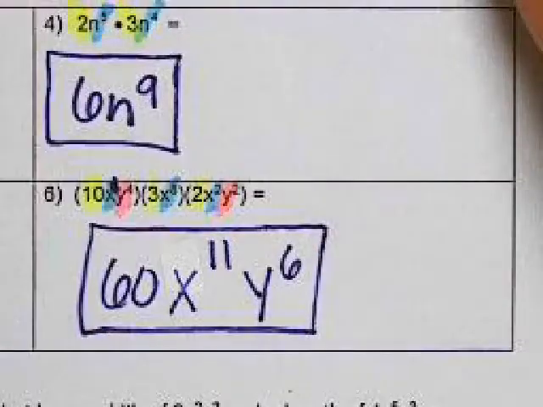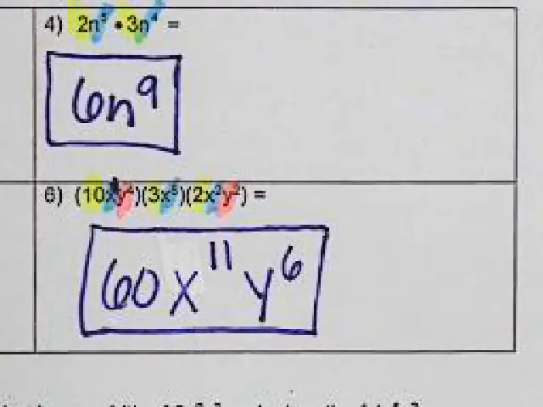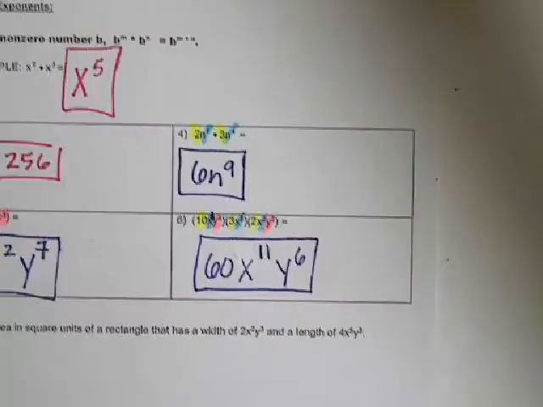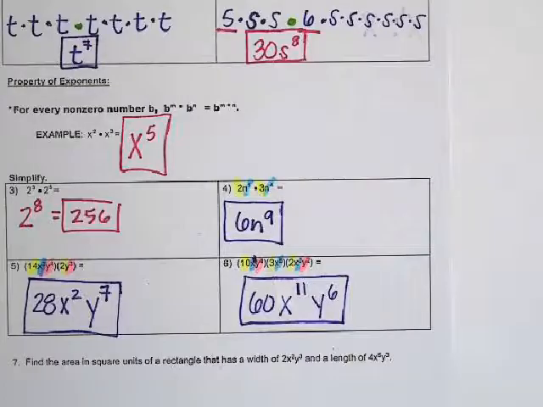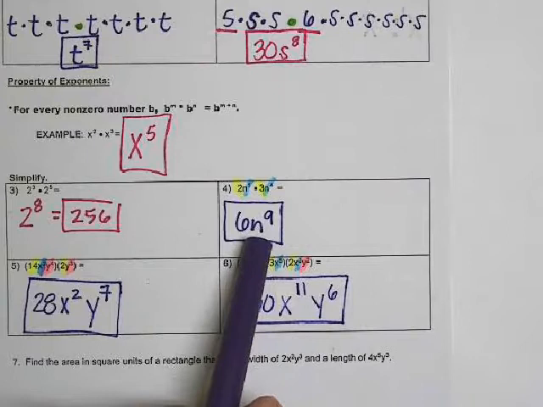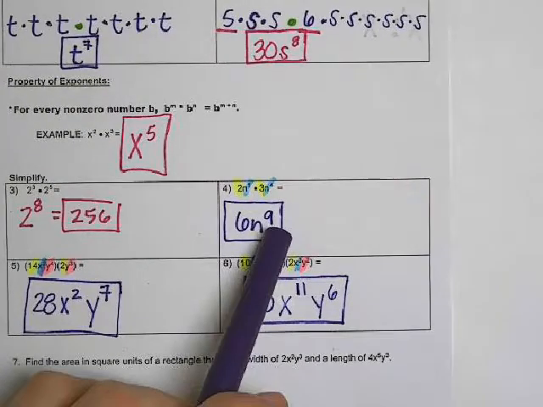Why did you simplify the first one and not the right? Okay, I'll tell you in just a second. He said, why did we simplify the first one and not the other 3? They're all as simplified as possible. But because this n is with the 9, the only thing I can do is n times n times n times n times n.